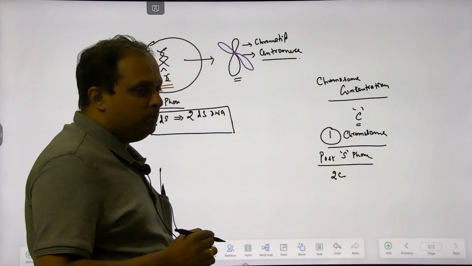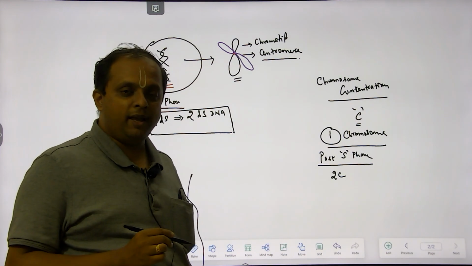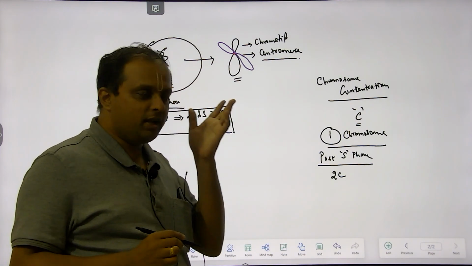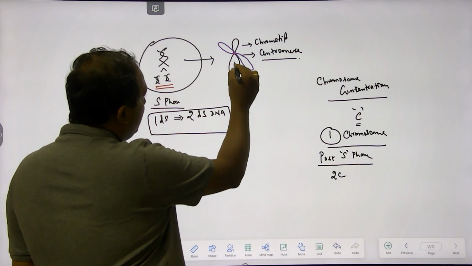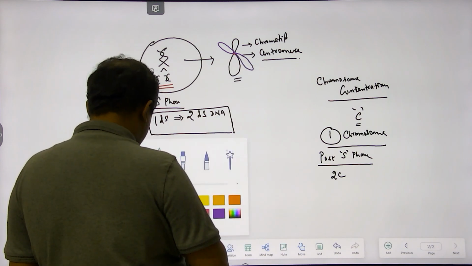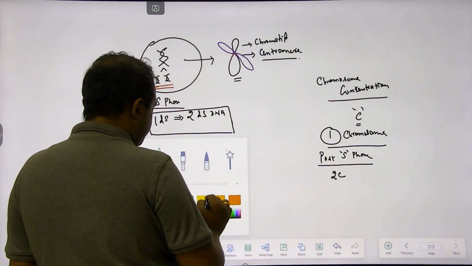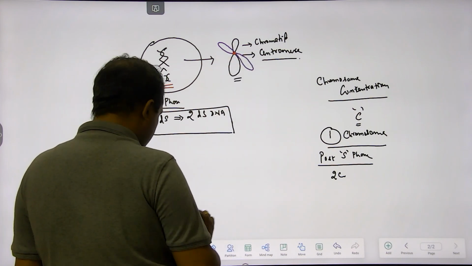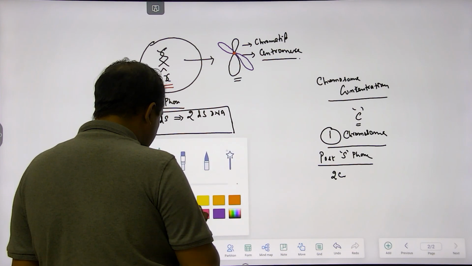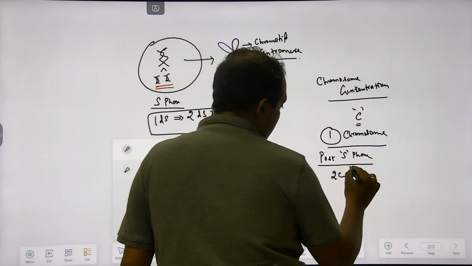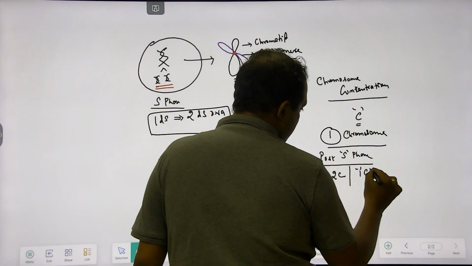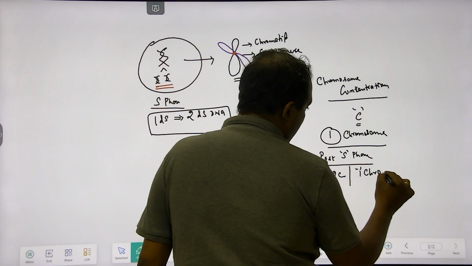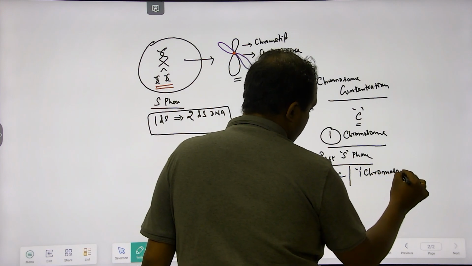And how do you determine the number of chromosomes? By counting the number of centromeres, right? Now you count the centromere, it is going to be still 1 here. So the chromosome number remains the same, that is one chromosome, right?